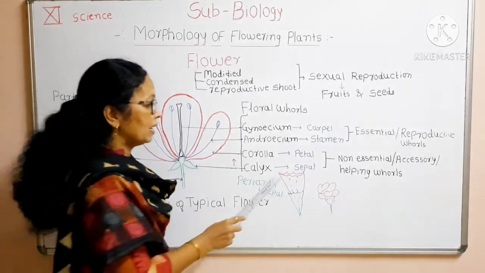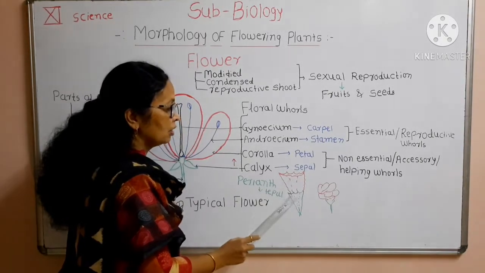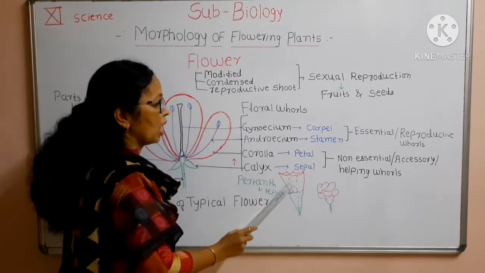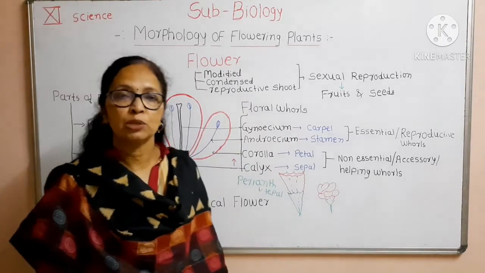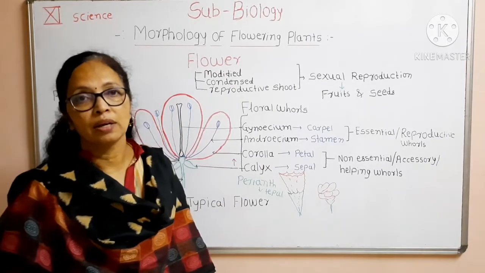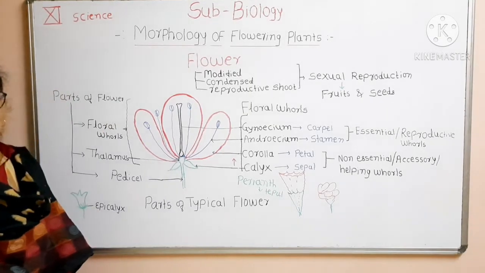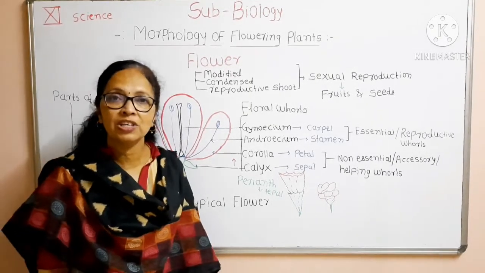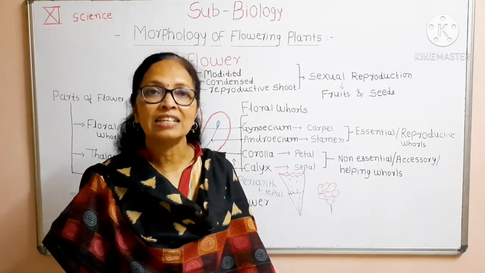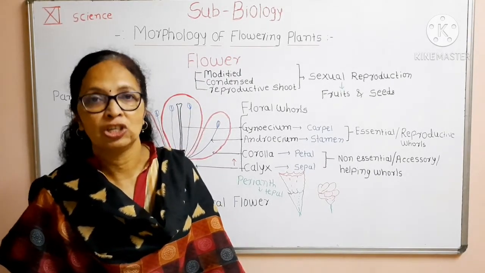And when the petals are joined with each other, see here, example is Datura. Here the petals are joined and they form a funnel-shaped structure. Then such type of corolla is called a gamopetalous corolla. Then we turn towards the functions of the corolla. The first function of the corolla is they are bright in color, that's why they attract the insect for the process of pollination.